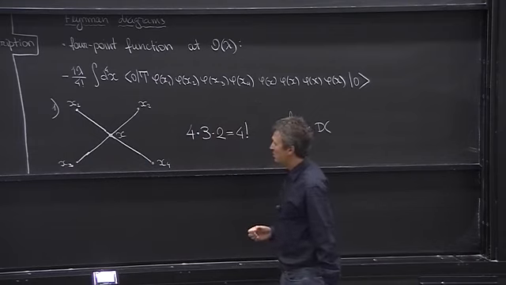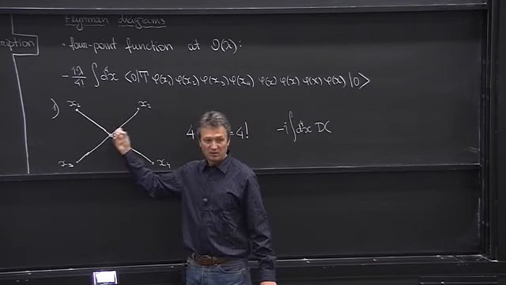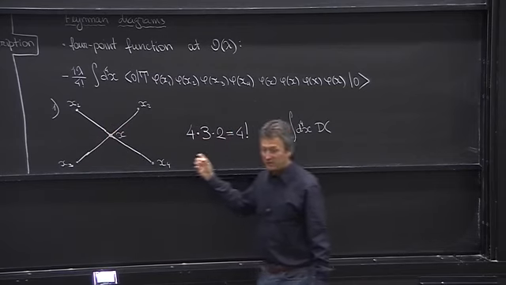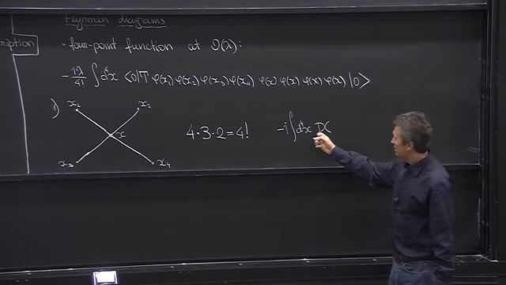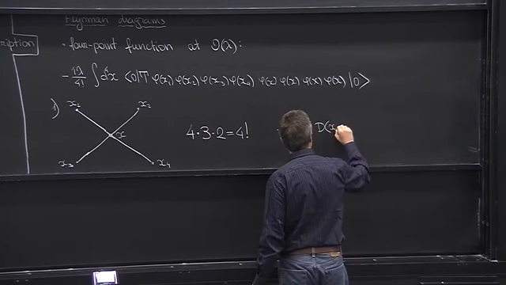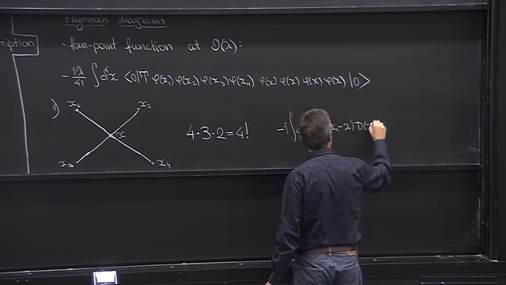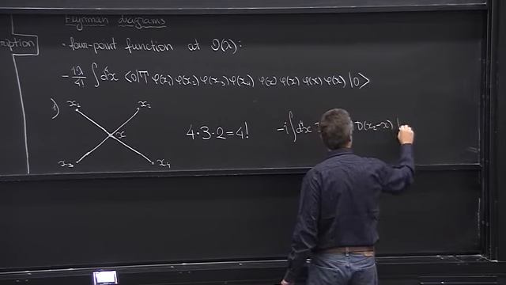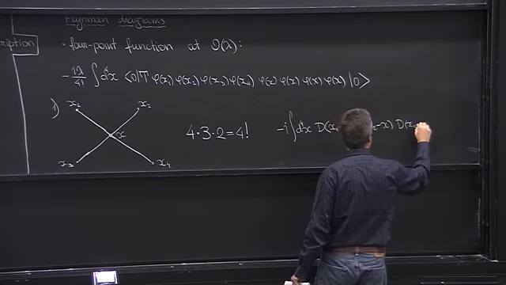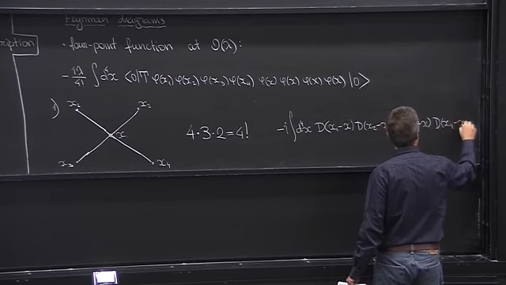What we need to do is assign a propagator to each line and multiply all of them, and here they will appear under the integral. So we'll have an integral of D of x1 minus x, D of x2 minus x, D of x3 minus x, D of x4 minus x.